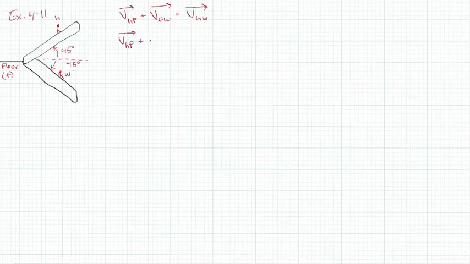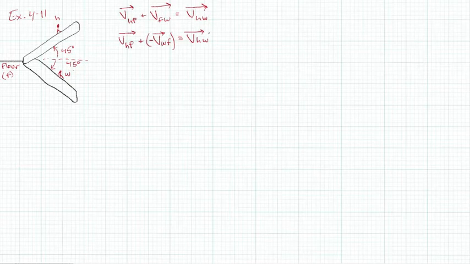So, plus negative velocity of the wife to the floor, okay, that's a vector, equals the velocity of the husband with respect to the wife. All right.